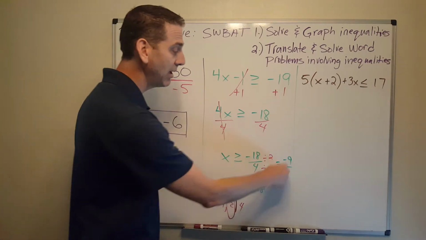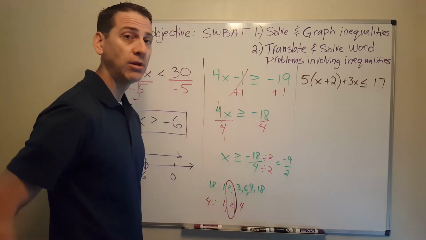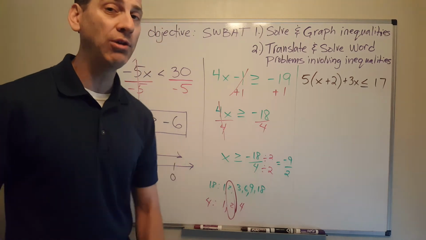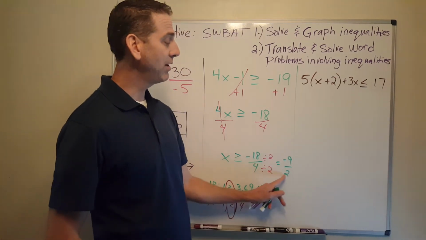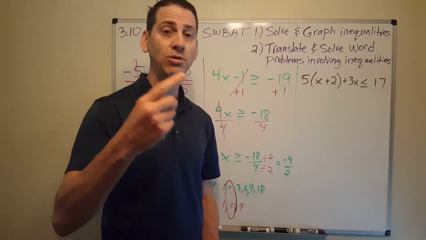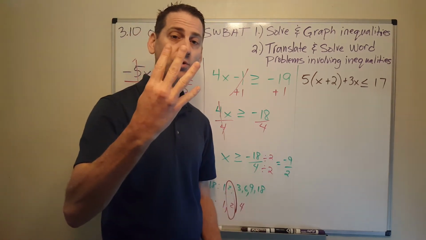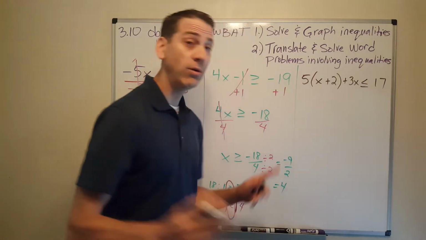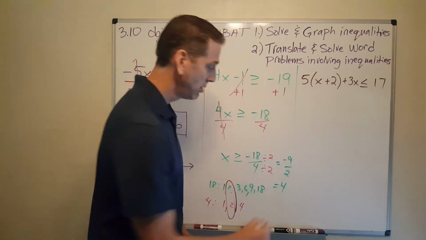Okay, you can break that down into a decimal, or you can break it down into a mixed number. Here's a quick, easy way to put it into a mixed number. How many times does 2 go into 9? Let's see, 2, 4, 6, 8. 4 times, with 1 remainder. What do I do with that remainder?